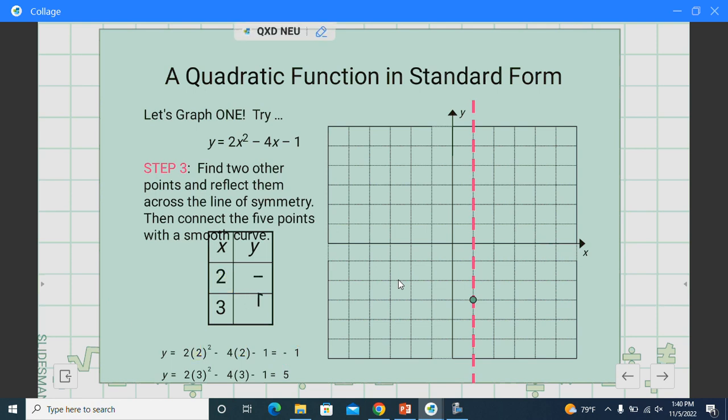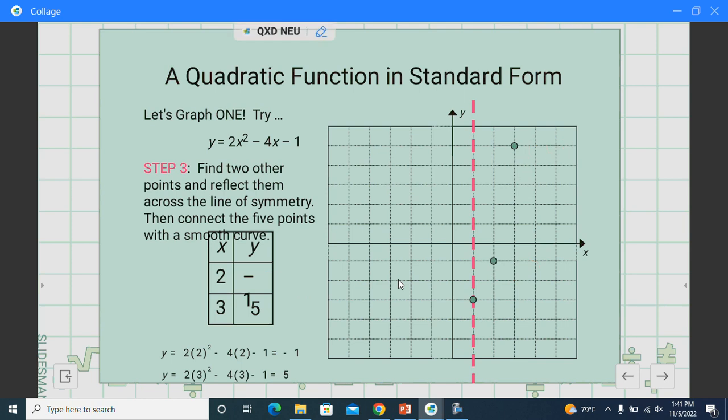And if x is 3, our y is 5. So this one is 2, negative 1, and this one is 3, 5.